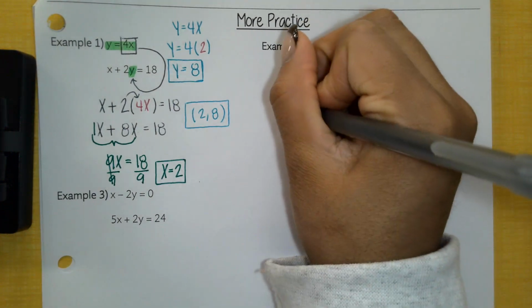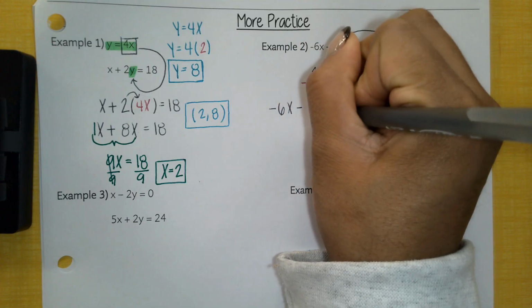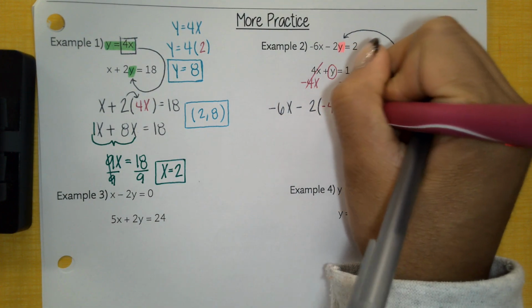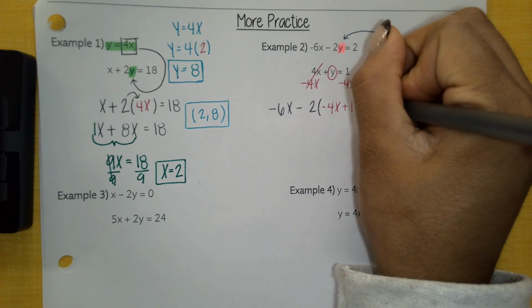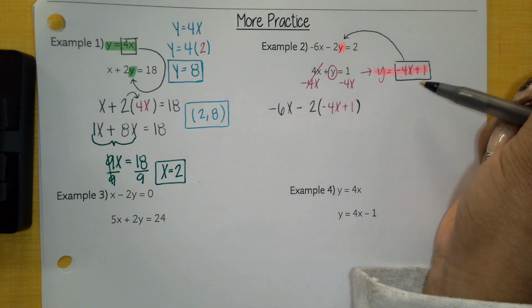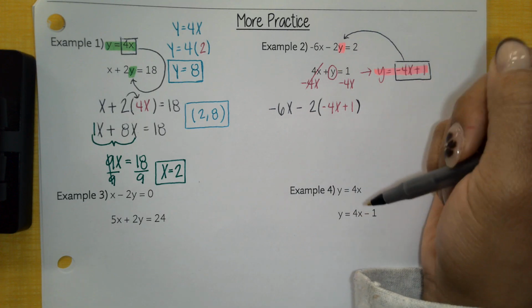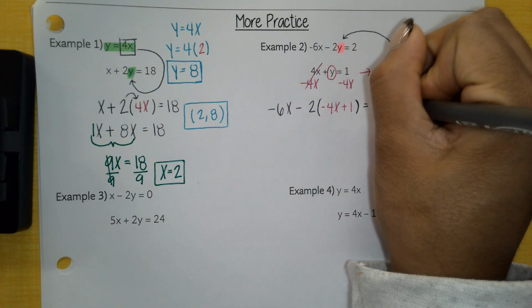So I'm going to end up having negative 6x minus 2 times negative 4x plus 1. Now, if you notice, anytime I replace the variable, for example, when I'm replacing the y with negative 4x plus 1, I get rid of that y. I'm replacing it for a reason. You don't want to keep the y if you're going to replace it. Is equal to 2.